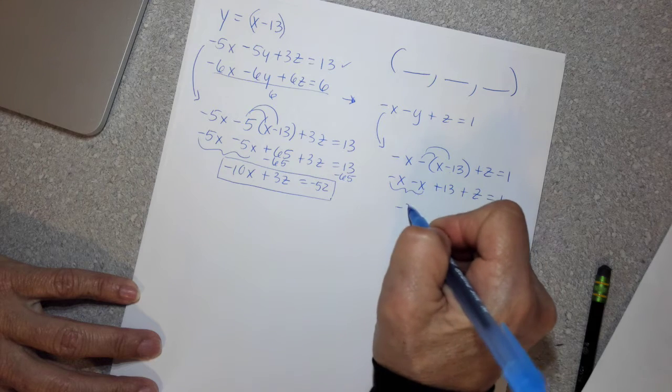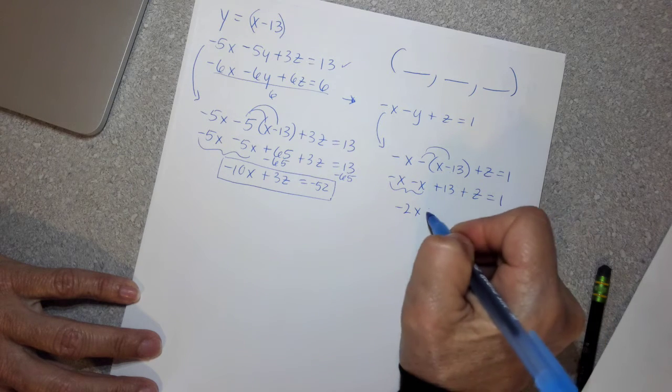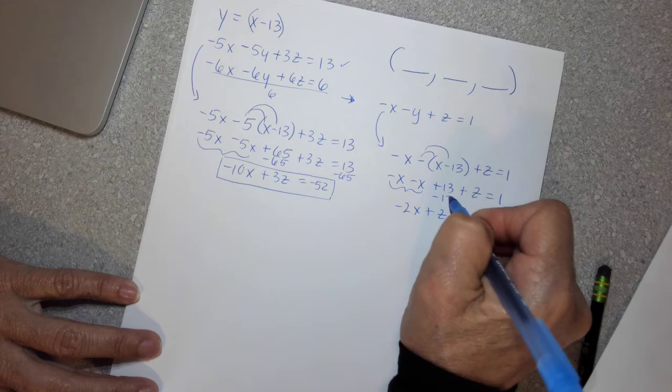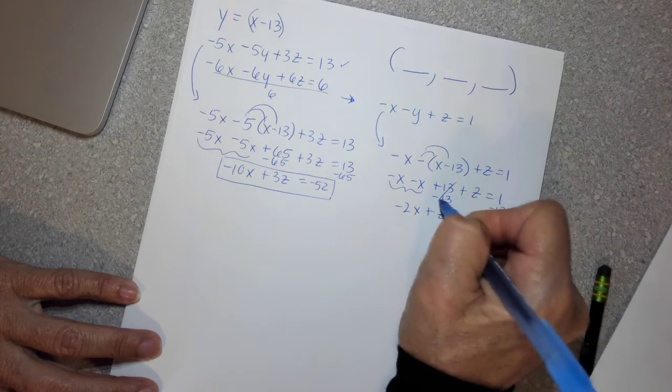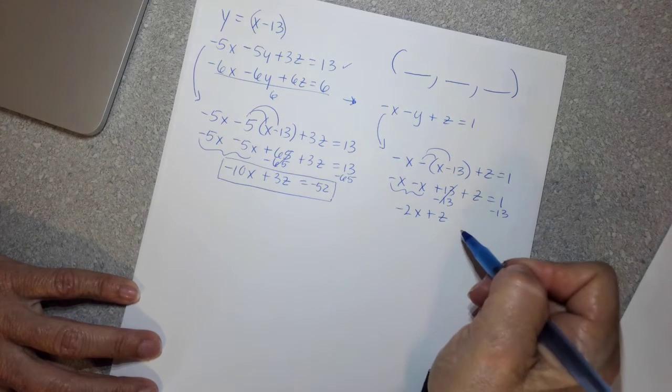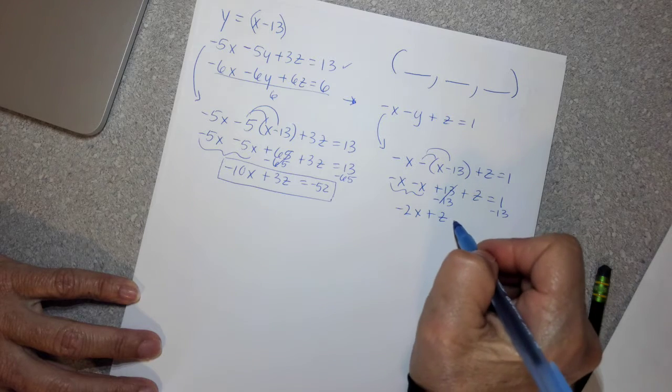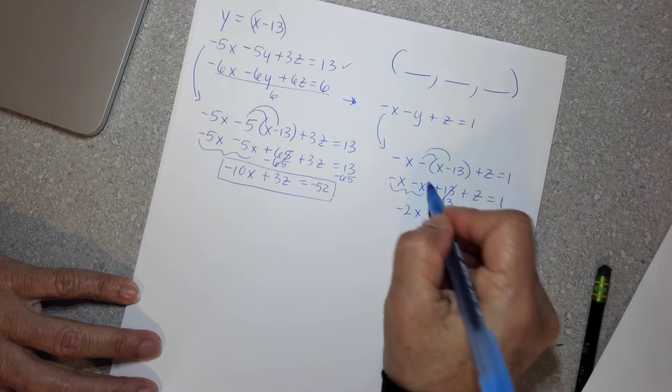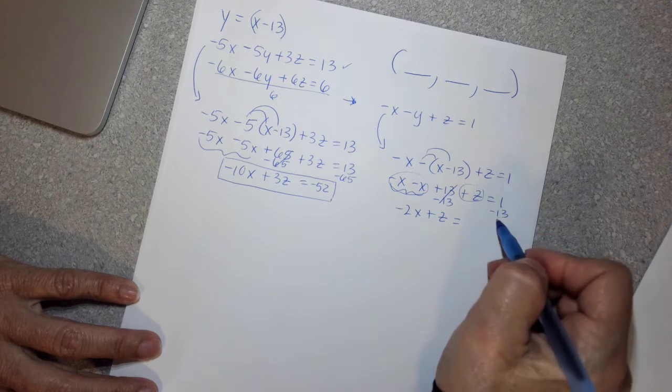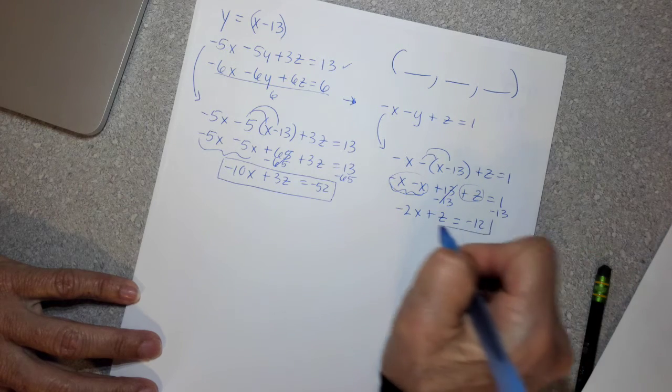These two go together to be a negative 2x plus 1z, and this 13 I would move over by subtraction, just like we did over here with the 65. So then I would have that negative 2x from these two plus z equals negative 12.